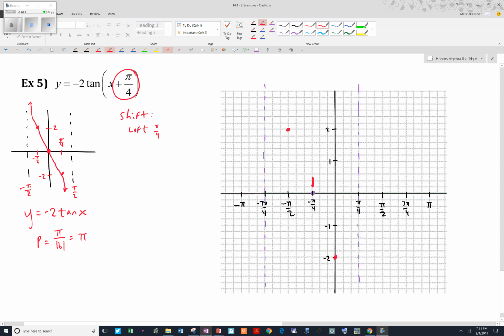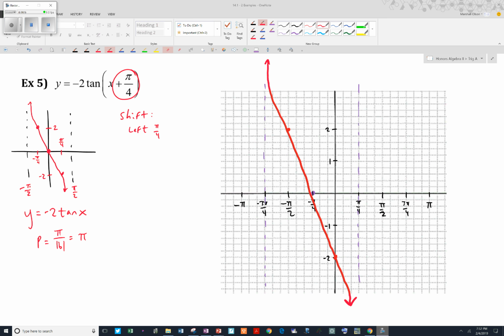Those turning points are always halfway between that point and the asymptotes. That's where those turning points are. So my graph, this one cycle, is going to end up looking like that.